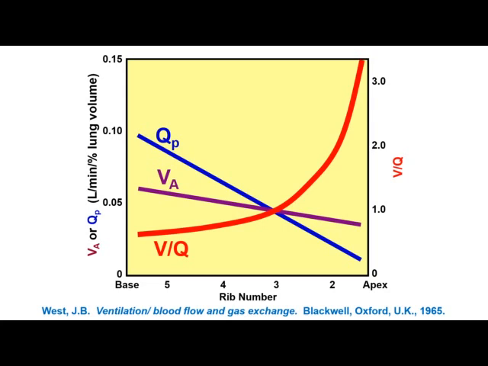If we now divide ventilation by perfusion, we get the slope of VQ, which looks like this. It has a lower value at the base and increases into the apex. So this is the distribution of ventilation, blood flow, and VQ in the normal upright lung.